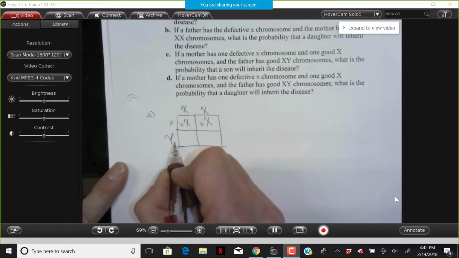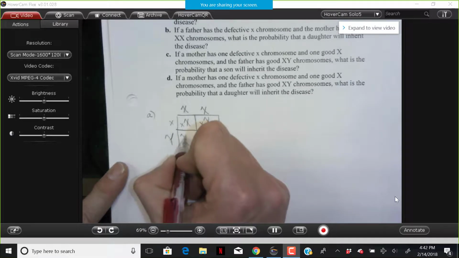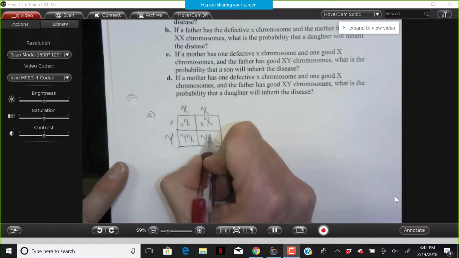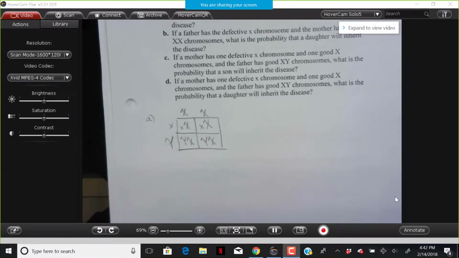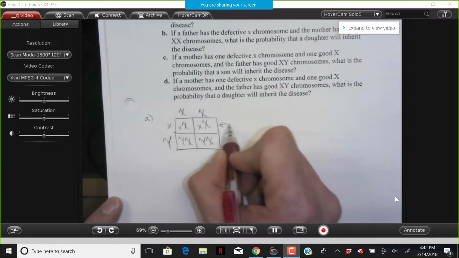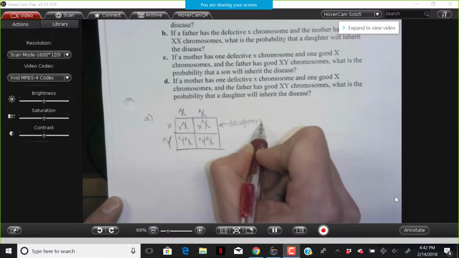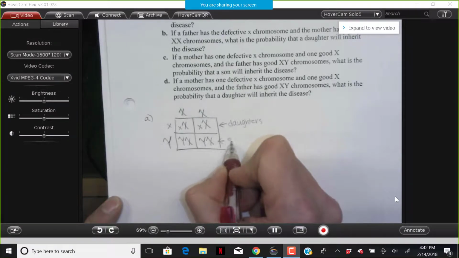And in the bottom row, we'd have a Y and a capital X, and here we'd also have a Y and a capital X. So the top row, two X's, those are daughters. And the bottom row, X and Y, those are the sons.